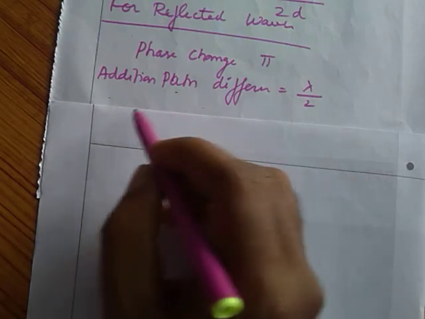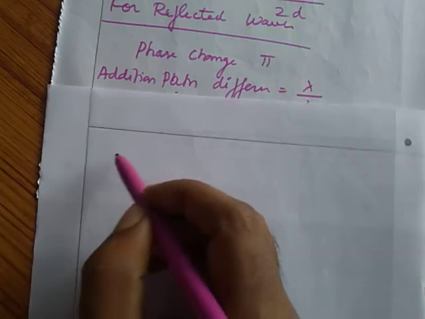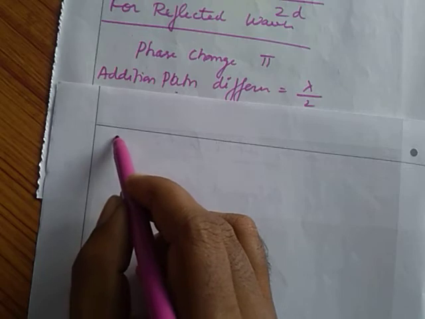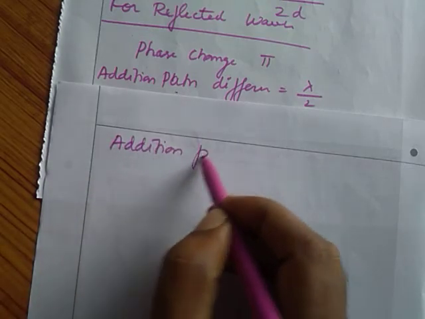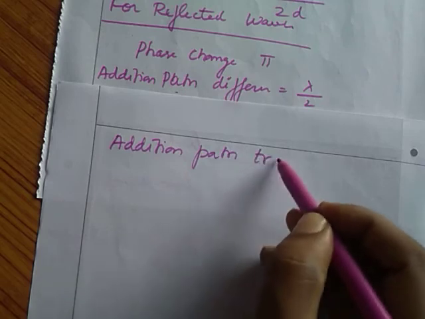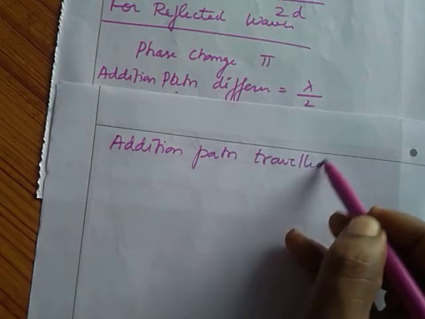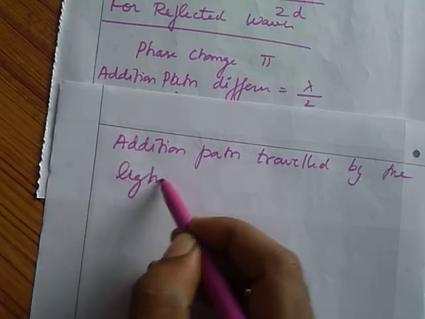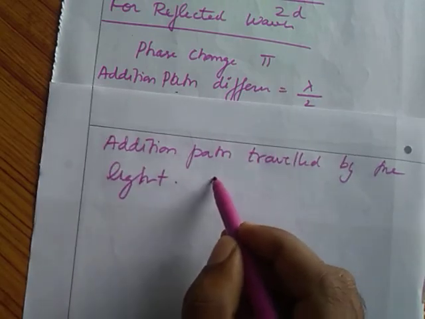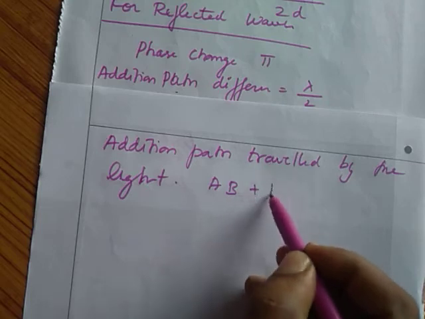Here, the additional path traveled by the light inside the medium is AB plus BC.